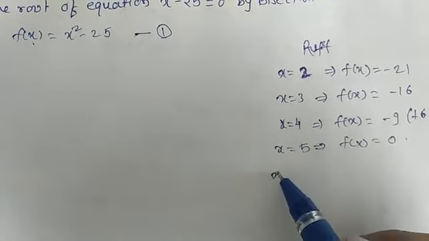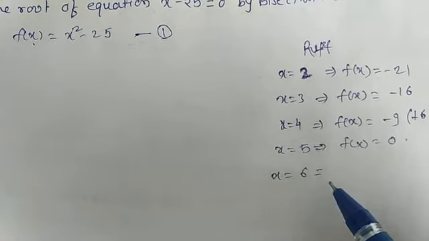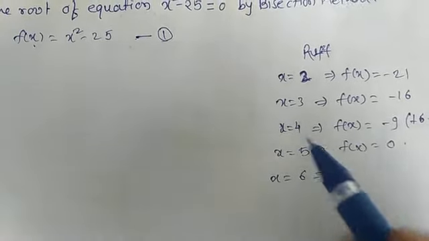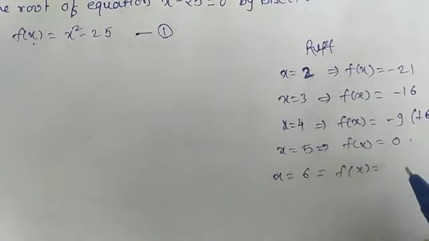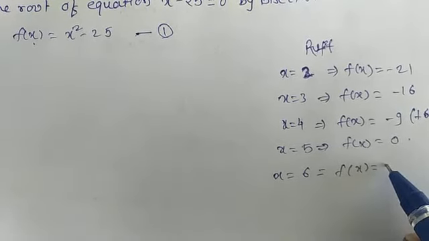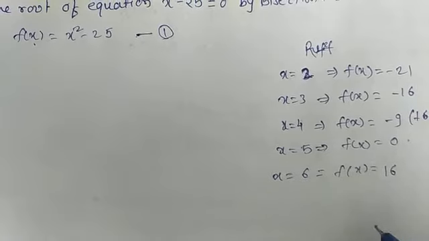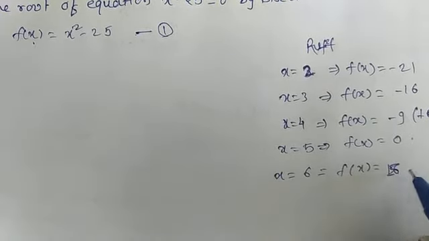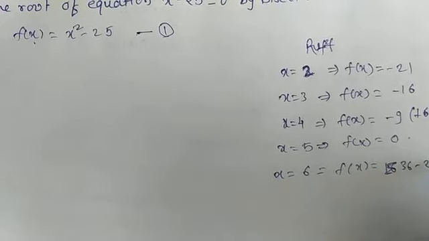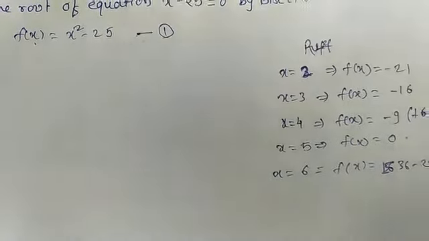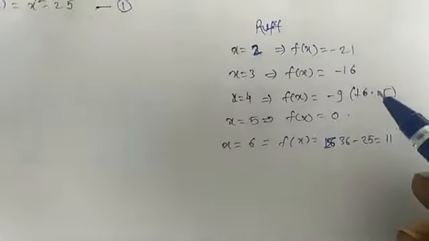Now for x is equal to 6, f of x is 36 minus 25, which is equal to 11. So we have to consider an approximate way.